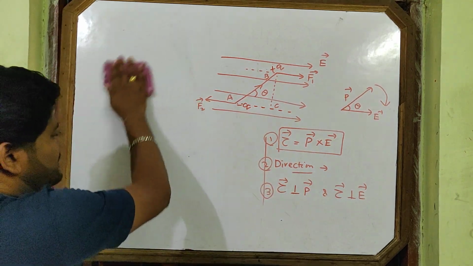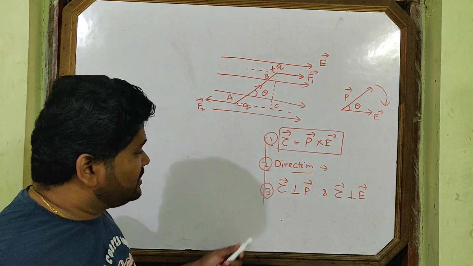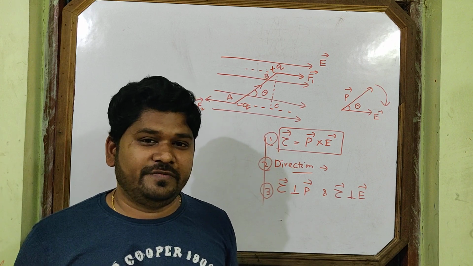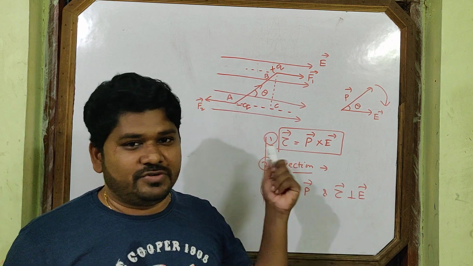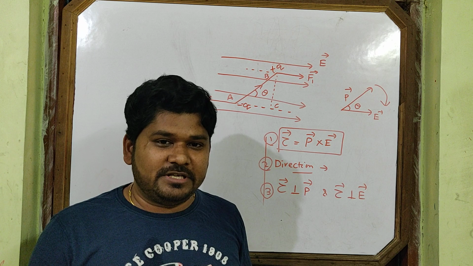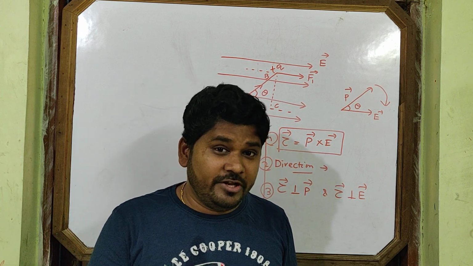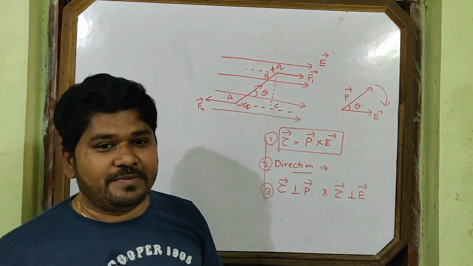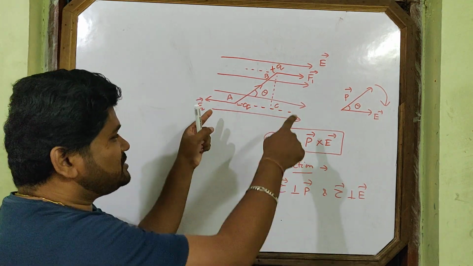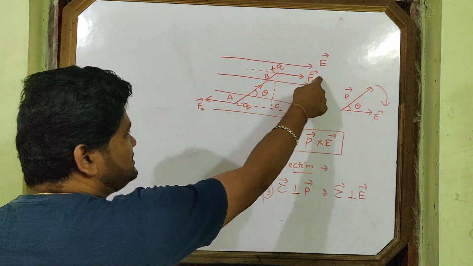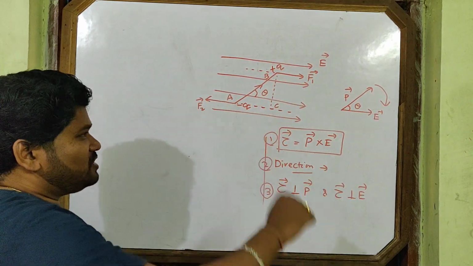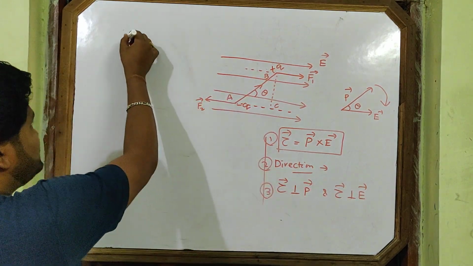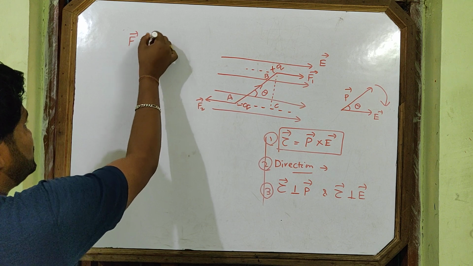One important question is always asked here. If this electric field is not constant, a non-uniform electric field, what happens to the dipole? If we keep the dipole in a non-uniform electric field, these two forces will not be the same because the electric field will not be the same. Now the net force is not 0. If the net force is not 0, what will happen?